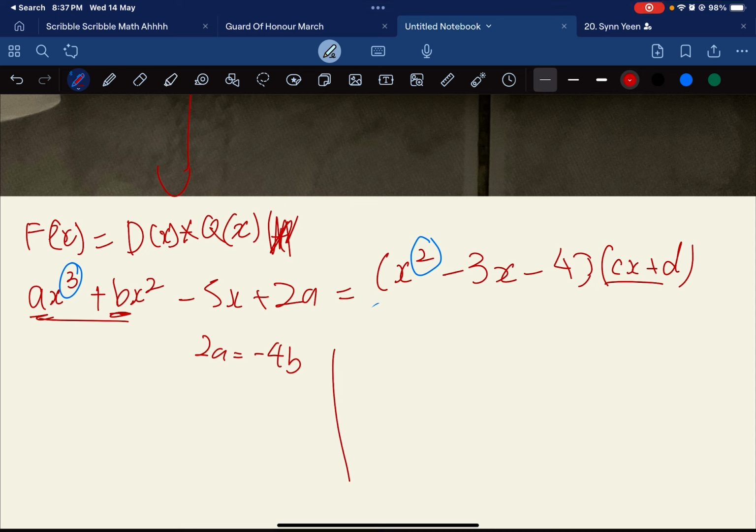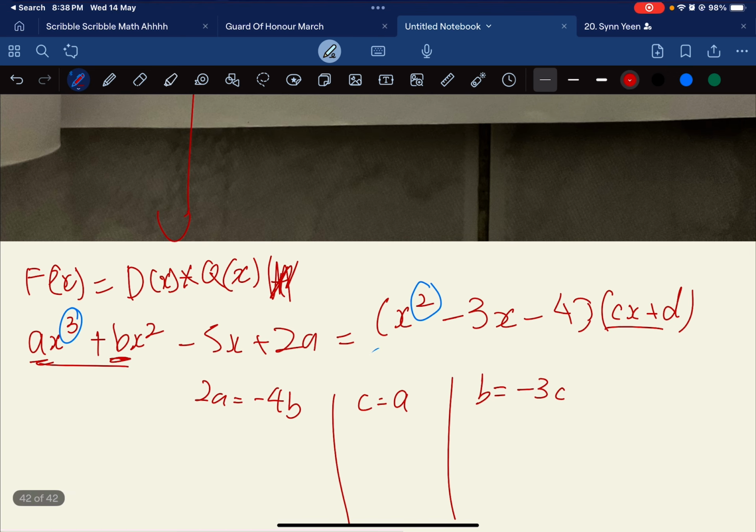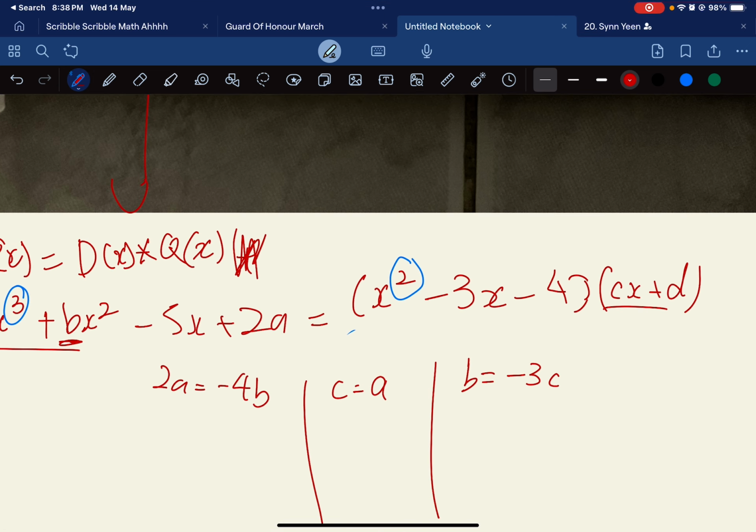Then c equals a, and then b equals, so now compare x squared: negative 3c plus negative 3c plus negative 3c, okay, negative 3c plus, let me see, plus d. You can just solve the equation one by one.